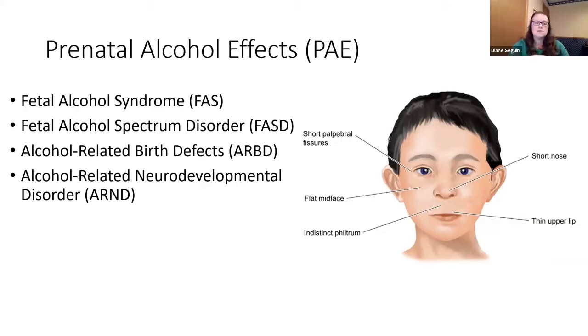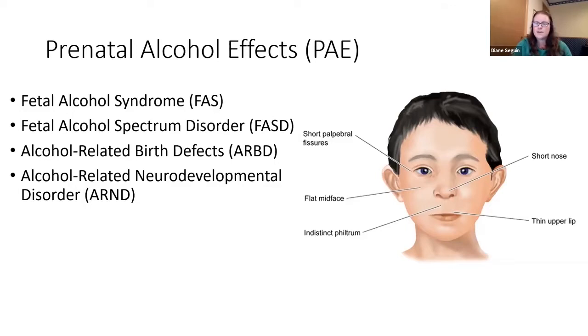These include terms such as alcohol-related birth defects, which refers to just physiological changes associated with prenatal alcohol, and alcohol-related neurodevelopmental disorders, which I believe was a diagnostic criteria used to differentiate children who had fetal alcohol exposure but didn't show the same physiological changes.